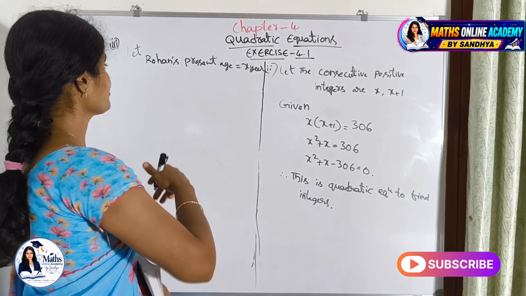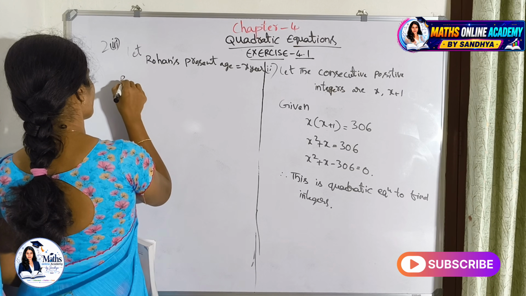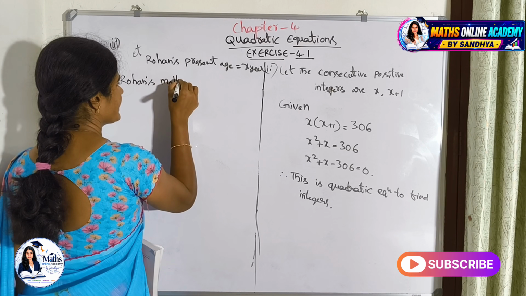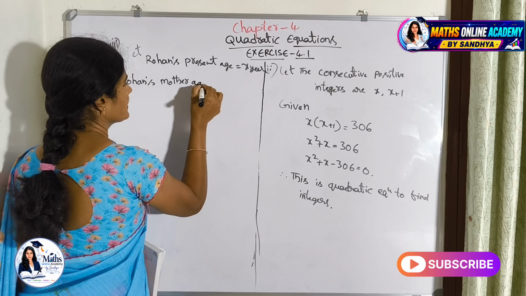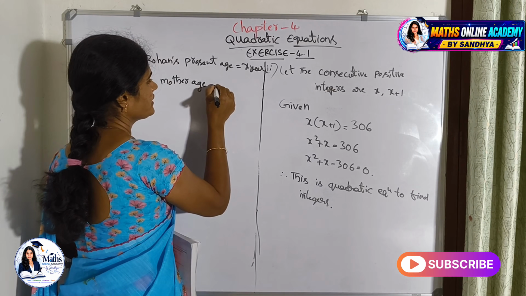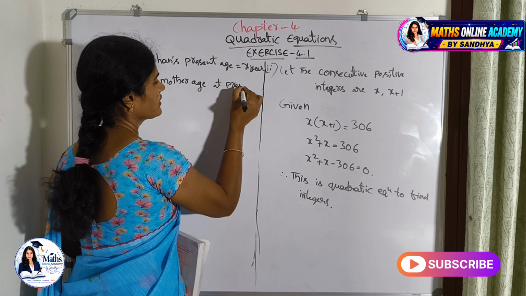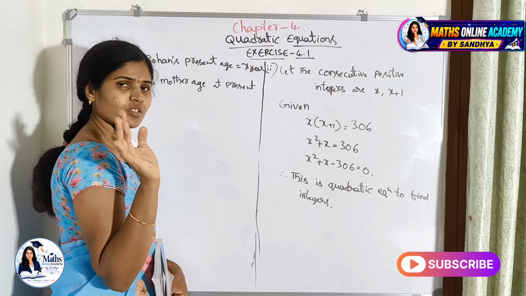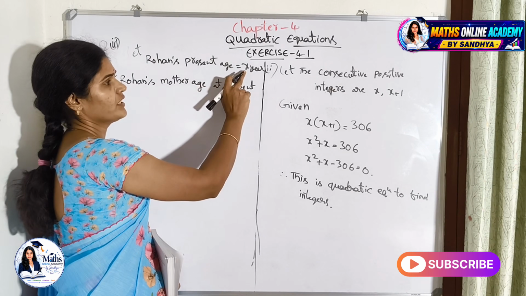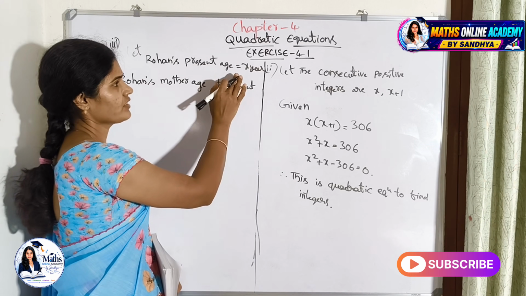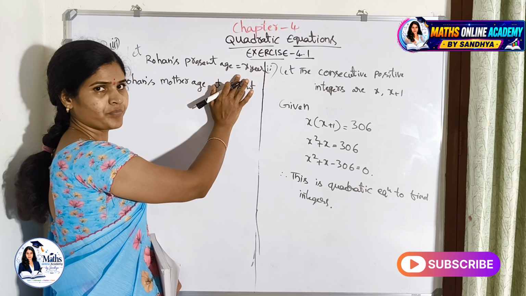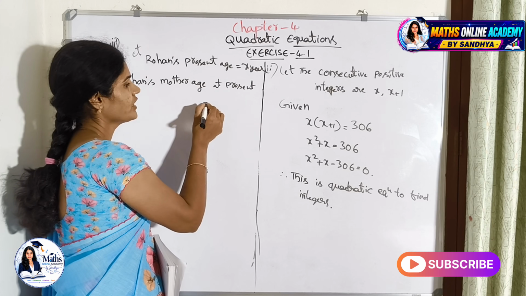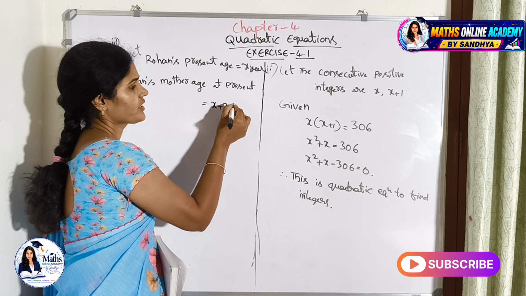Rohan's mother's age at present: the present age of Rohan is x, and his mother is 26 years older, so it will come x plus 26.